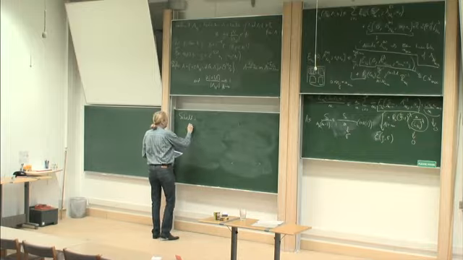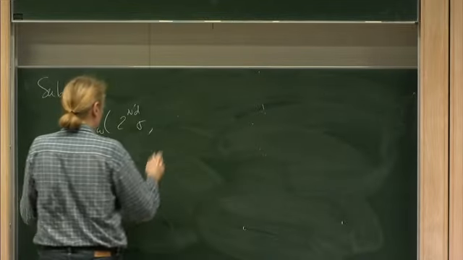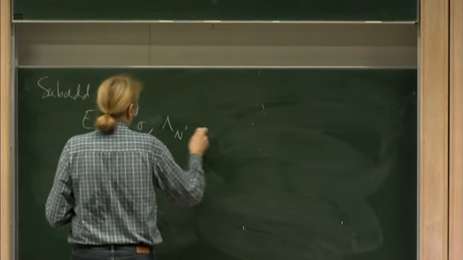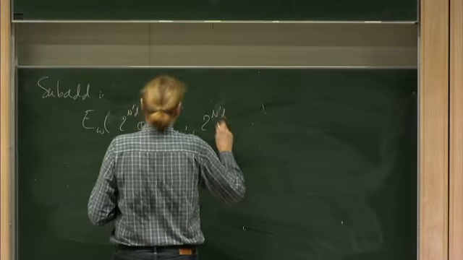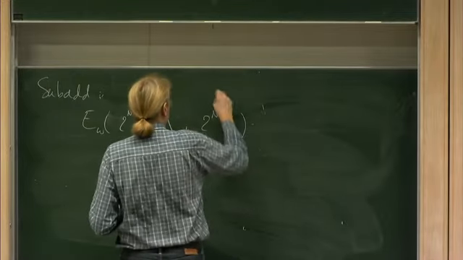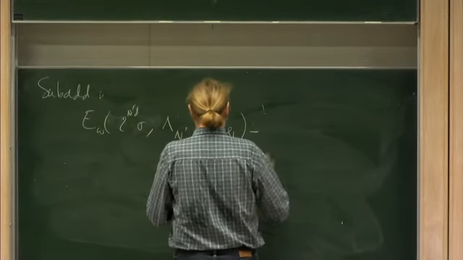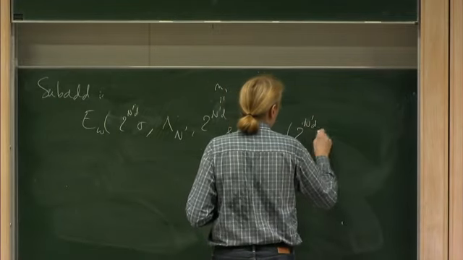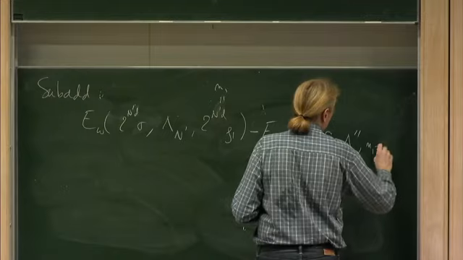So subadditivity yields that if I look at E omega 2 n prime d sigma on lambda n prime, with 2 n prime d rho 1, so this is the number of particles, this is n1, this is going to be minus E omega 2 n prime d sigma minus s lambda double prime n1 minus n.